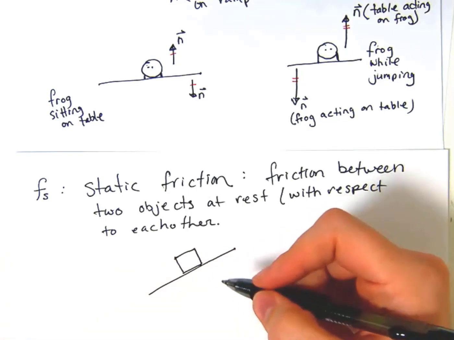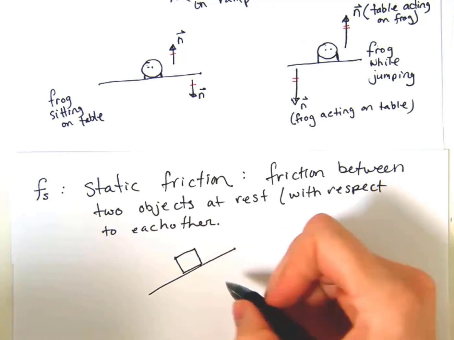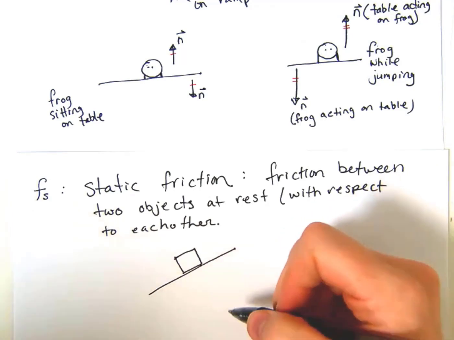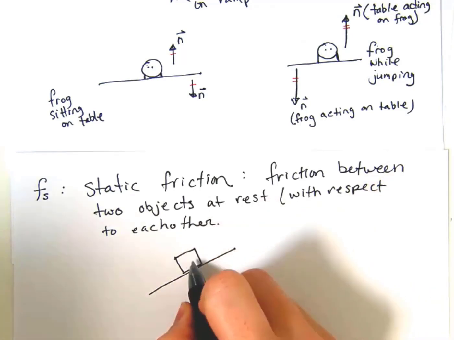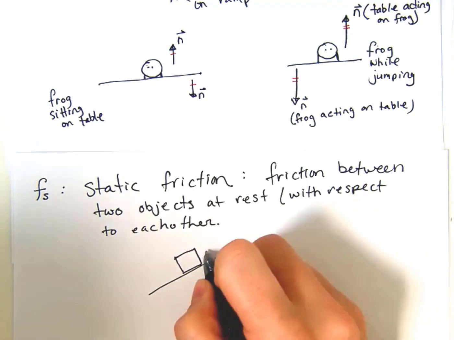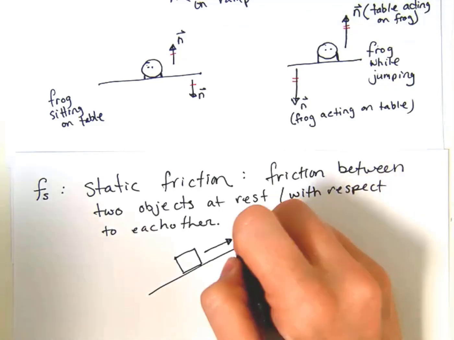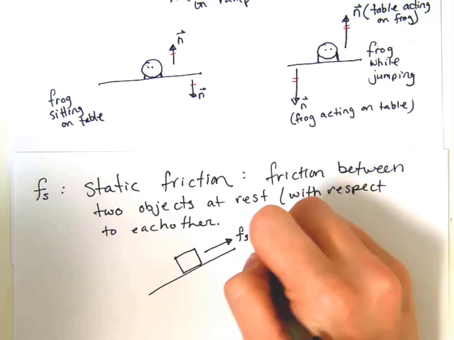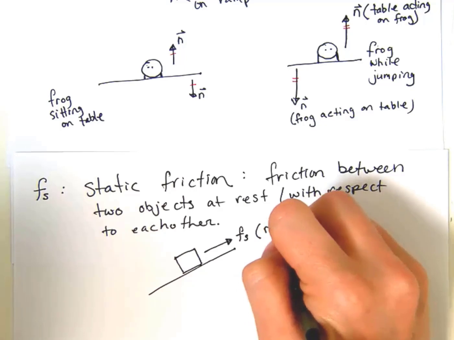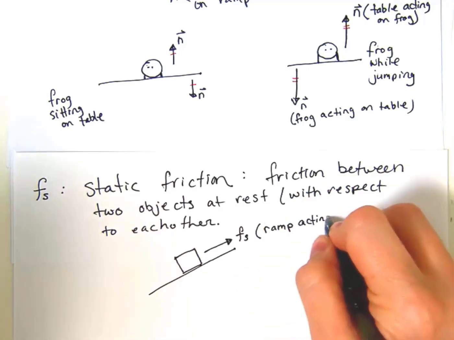Now, static friction will always act parallel to the surface, and it's going to always act to prevent the slip. So if it was ice, it would slip down the ramp. So static friction is going to act up the ramp, parallel to the surface. And it's going to be the ramp acting on the block.